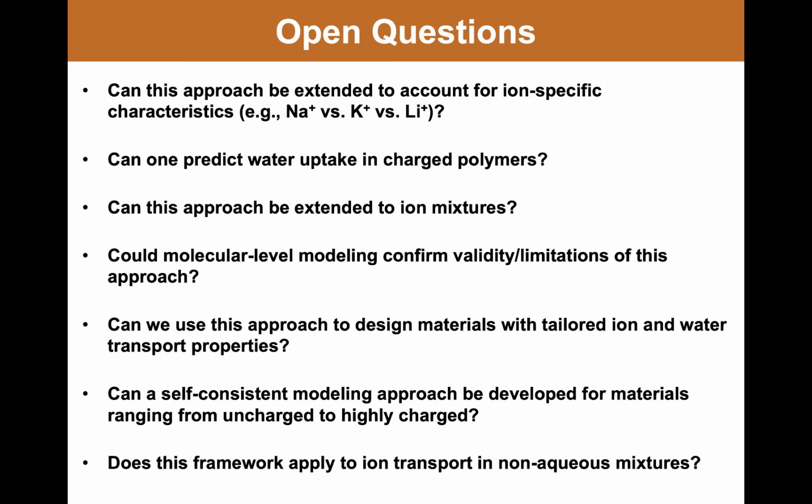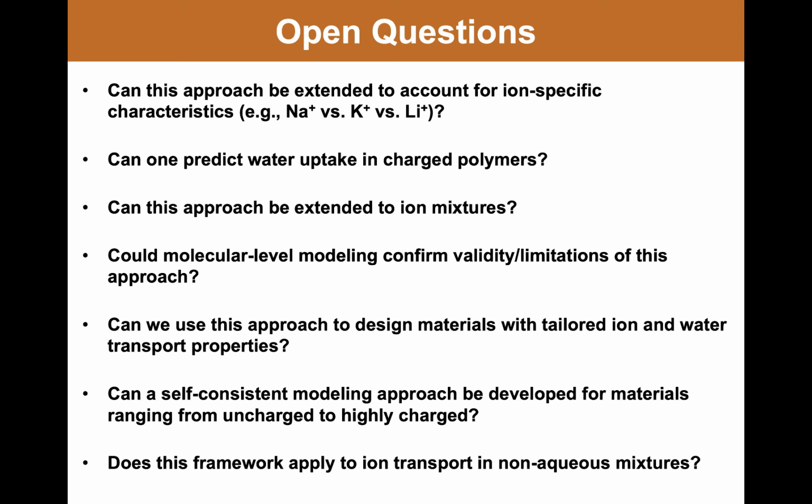What I've shown you here with the Manning model is for highly charged polymers. It only works in situations where the electrostatic interactions between fixed charges on the polymer backbone and ions are completely dominating the transport and thermodynamics.